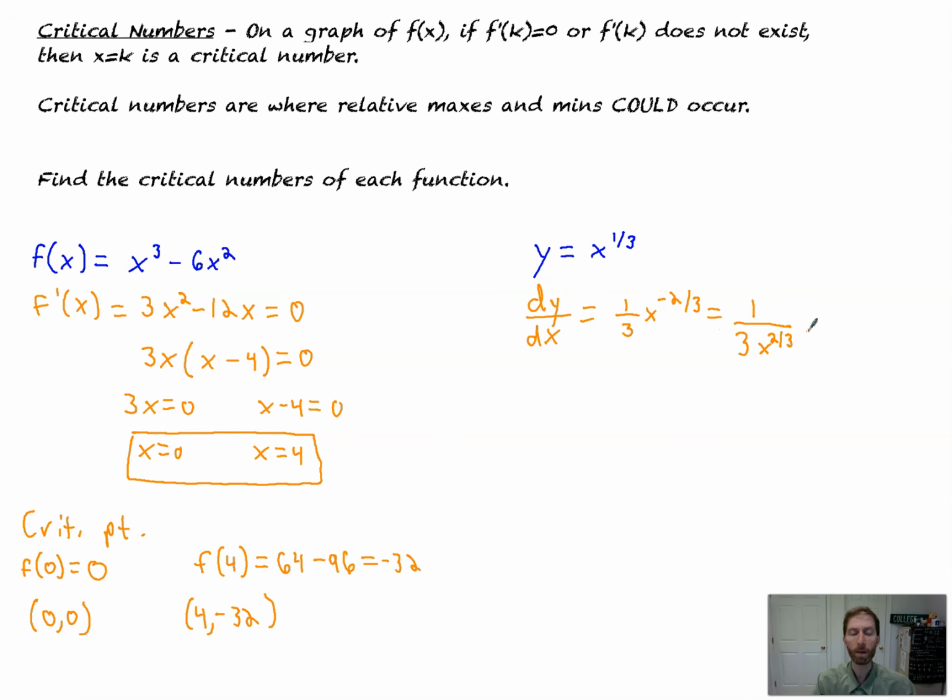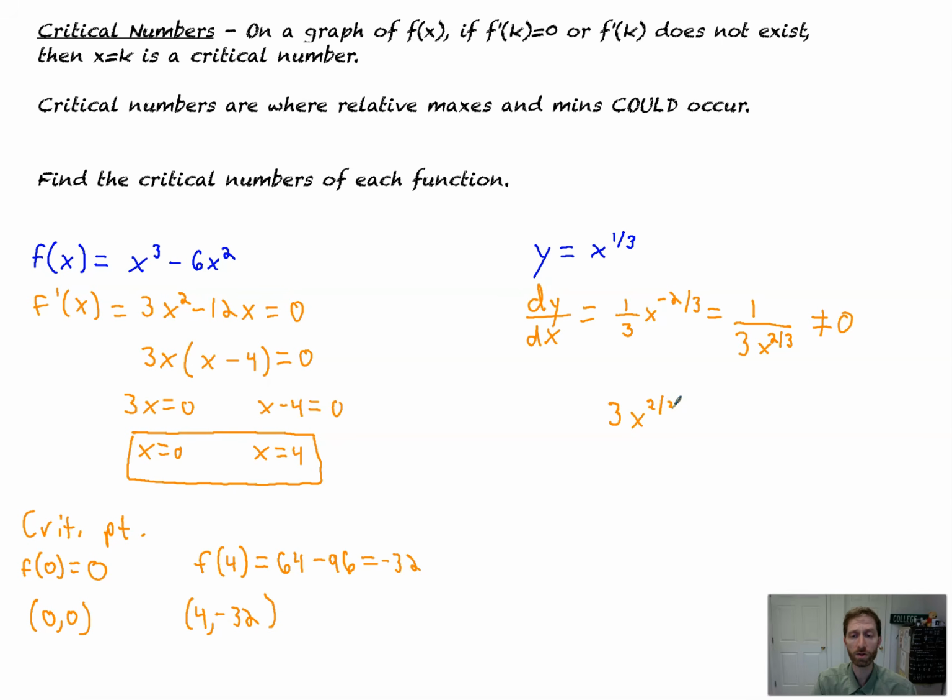Now, a couple of things. First, this will not equal 0. Why not? Because the only way for a fraction to equal 0 is if you have 0 divided by a number that's not 0. 1 will never be 0. The numerator can never be 0, in other words. So this derivative cannot equal 0. However, the denominator could.